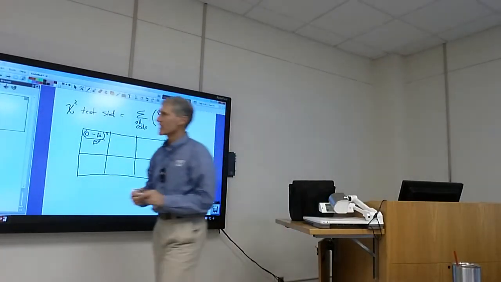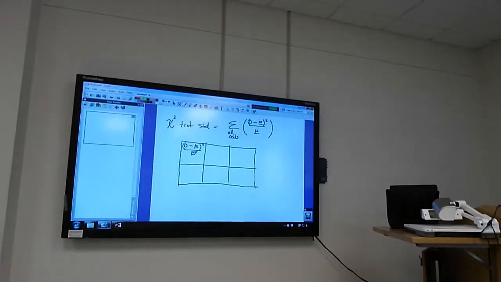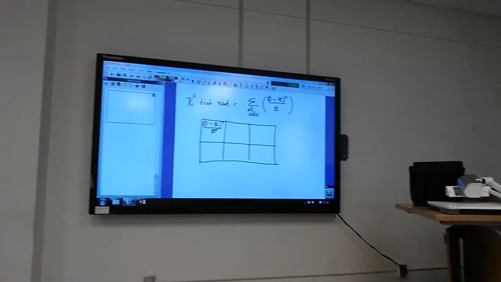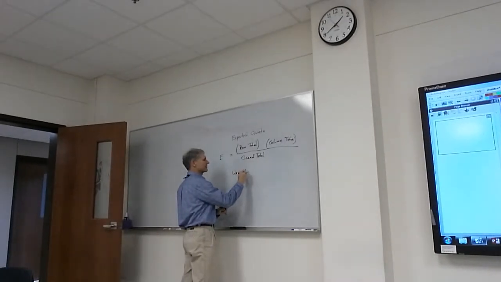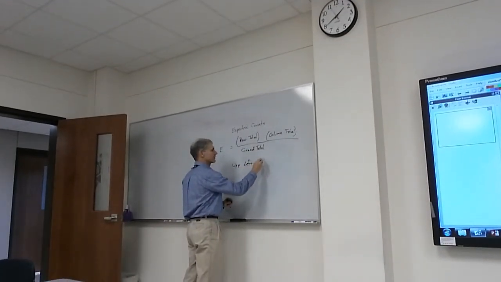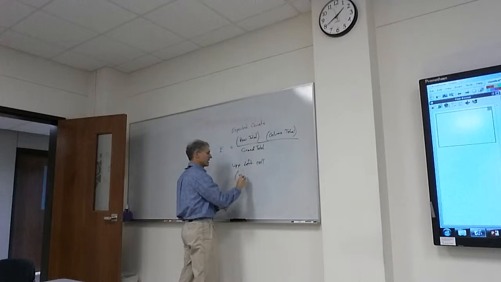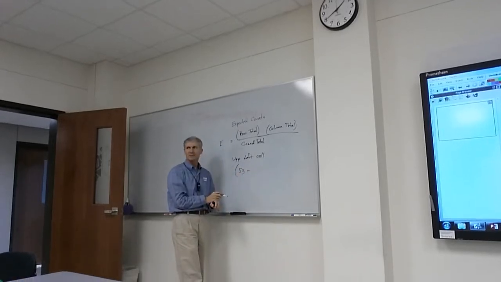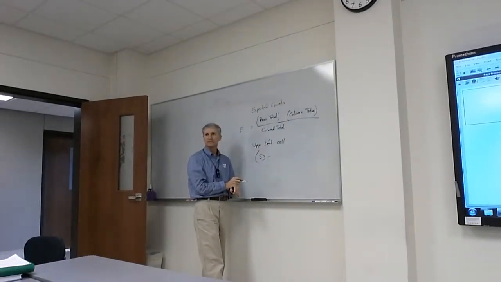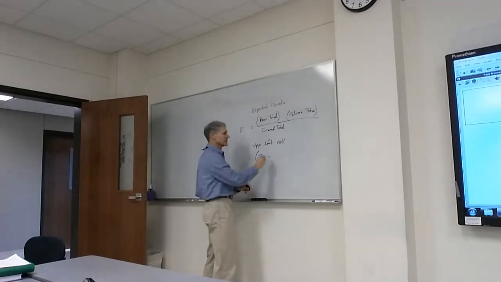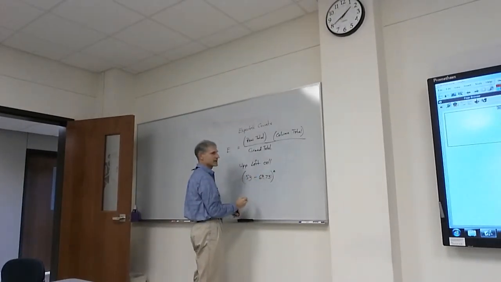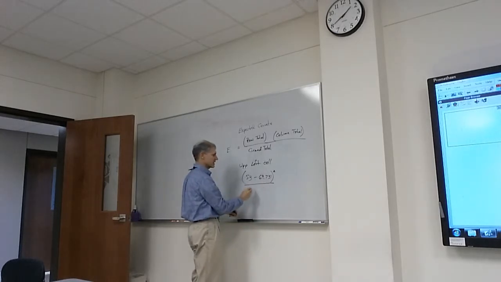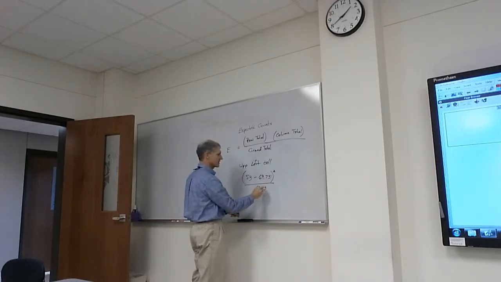So over here on scratch paper, we'll do that one together. What was the observed count in that cell? So upper left cell, 53. Okay. And then the expected count? 69.731. Okay. And that'll be squared, divided by 69.731.